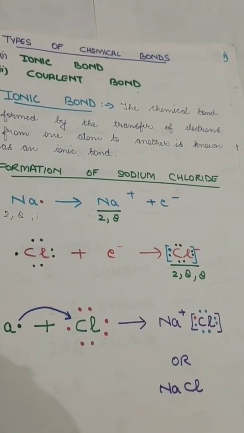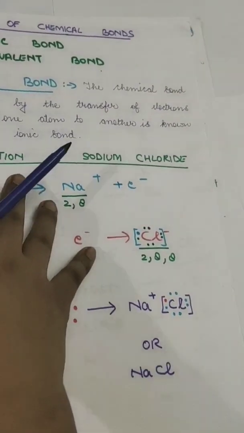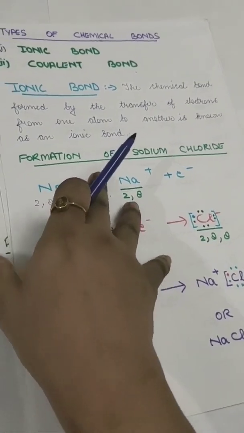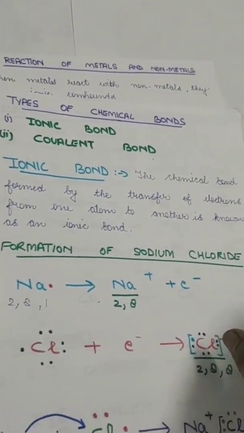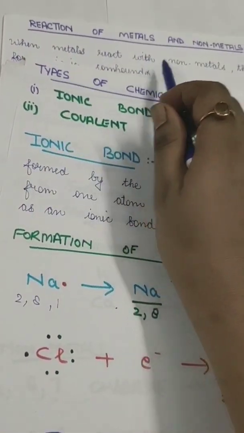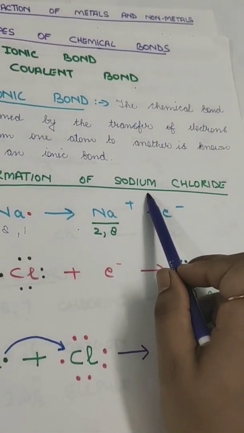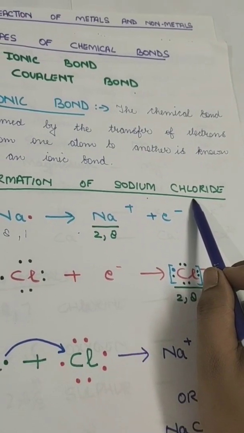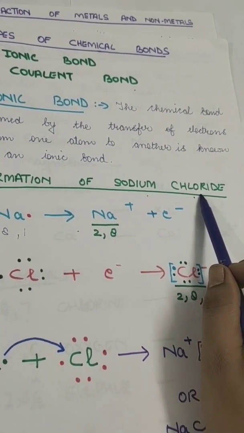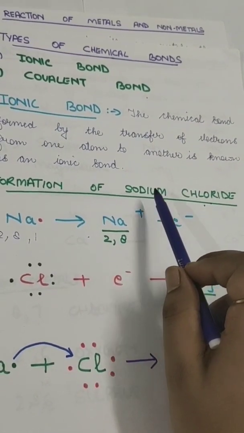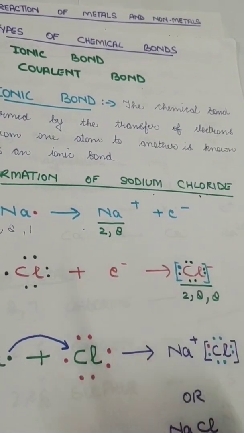Sodium chloride here. In the beginning of the topic I told you that we are studying the reaction of metals and non-metals. If you see here, sodium is a metal and chloride, that means chlorine became chloride here, is a non-metal. So this is the reaction of metals and non-metals.